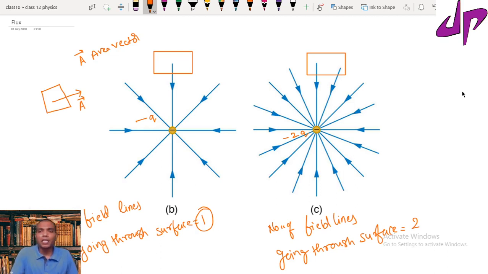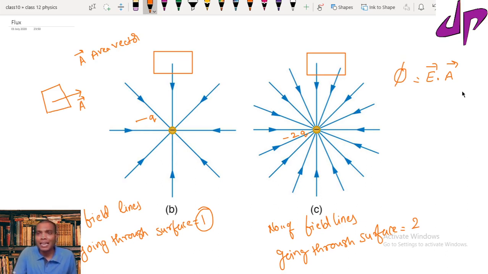So mathematically we can write flux phi equal to E bar dot A bar.